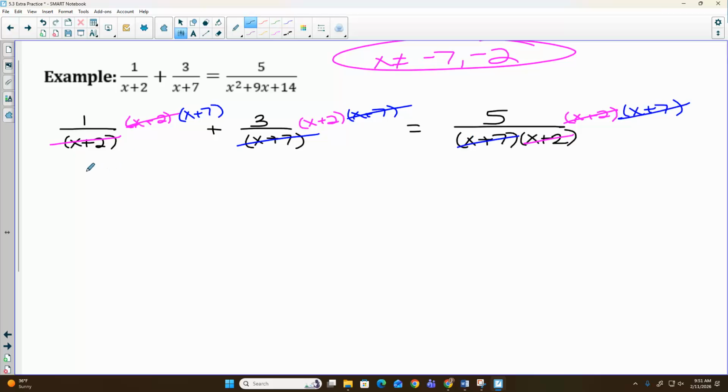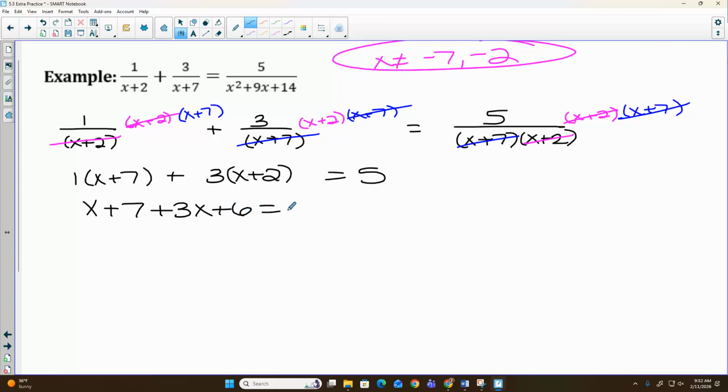So we're left with 1 times x plus 7, 3 times x plus 2 is just equal to a 5. So if we multiply out, x plus 7 plus 3x plus 6 equals 5.